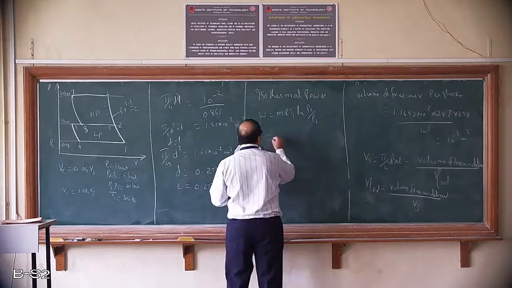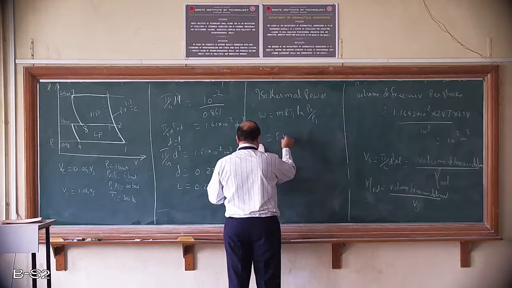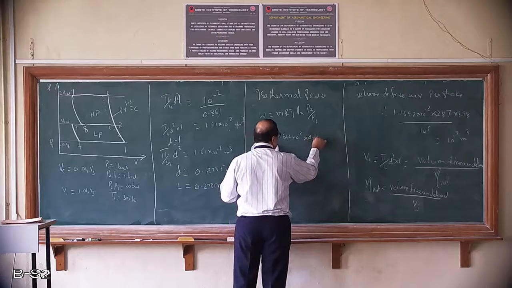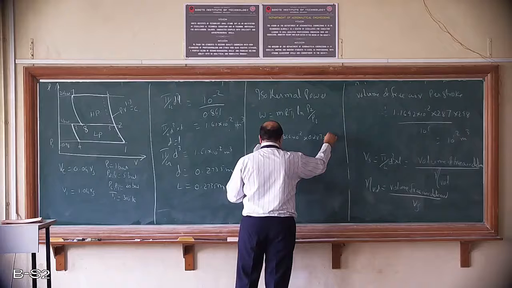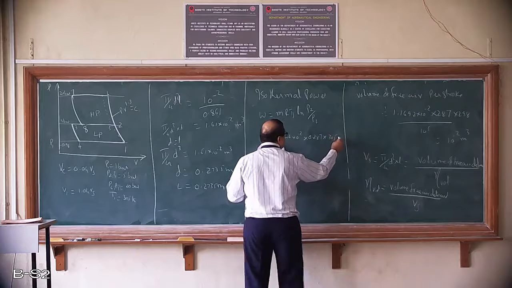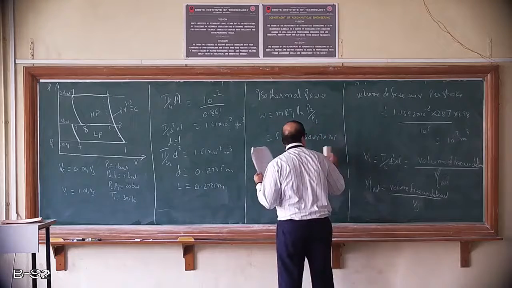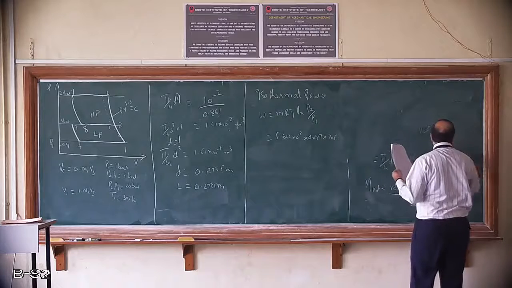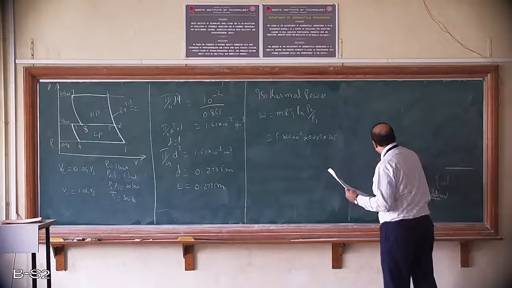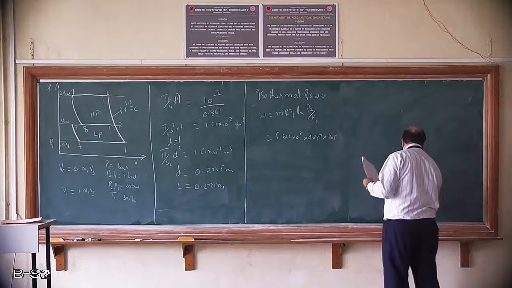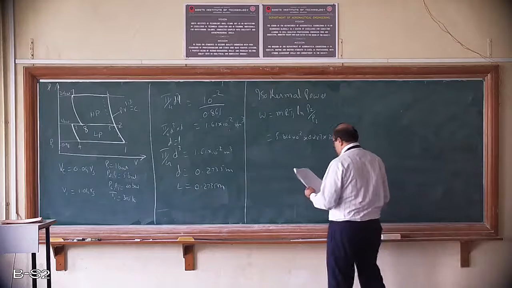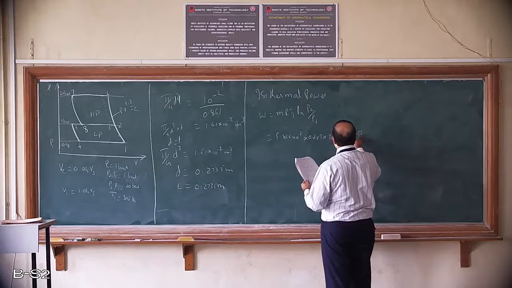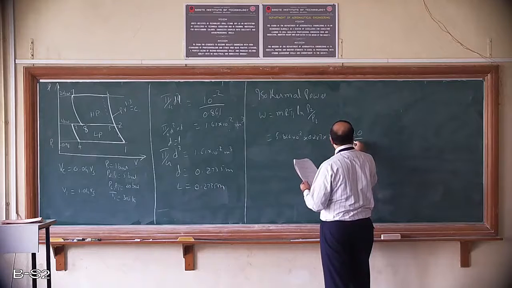So this will be 5.846 into 10 raised to minus 2 into 0.287 into temperature is 305 into ln of what is P2 20 and P1 is 0.98.